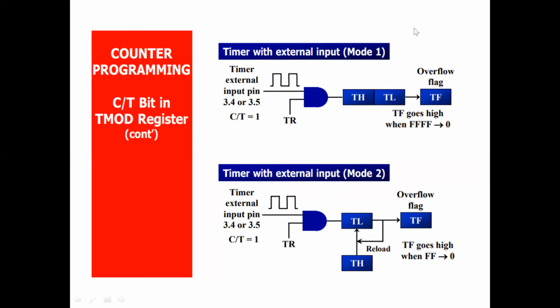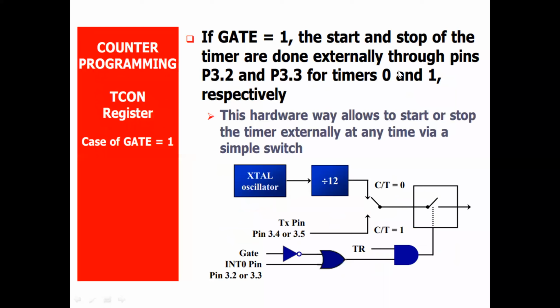And gate equal to 1 is very rarely used. If gate equals 1 and there is any external pulse here, the timer will turn on. If gate equals 0, the timer will be turned on by software. When TR0 equals 1, the timer will automatically switch on, the switch will be closed.